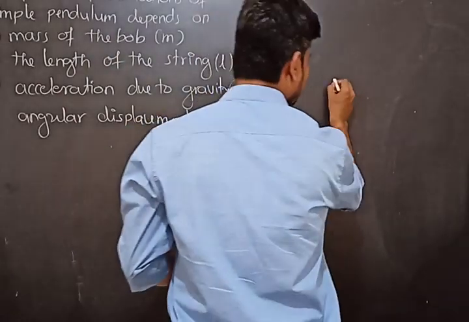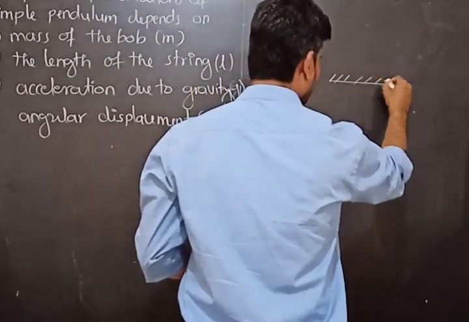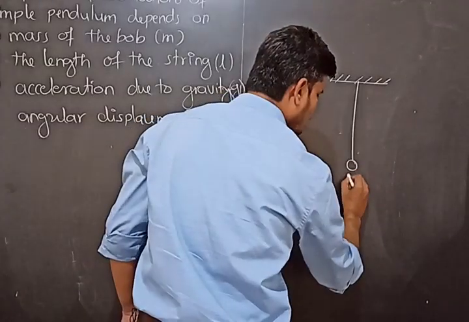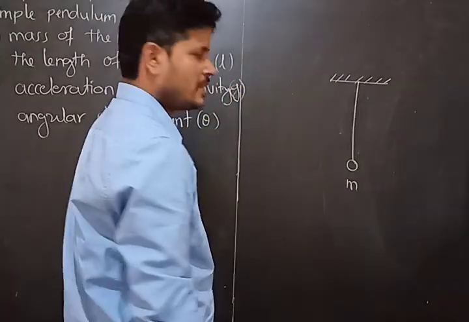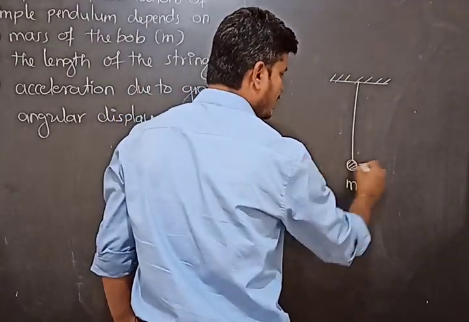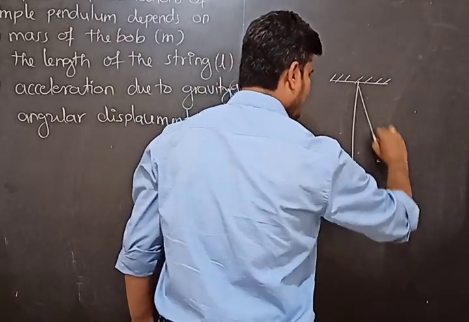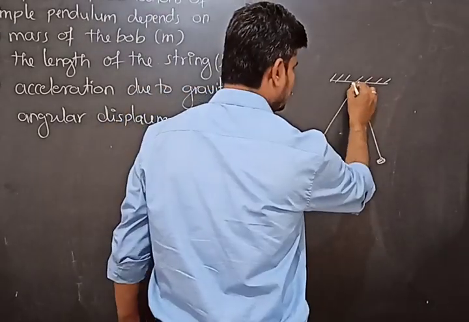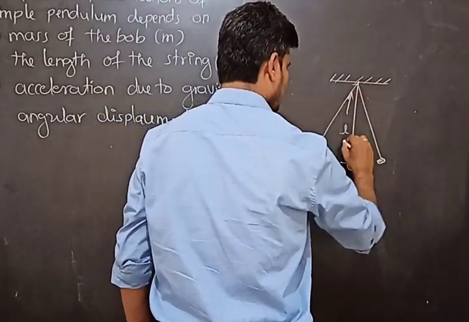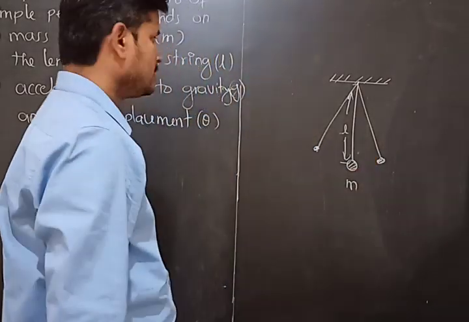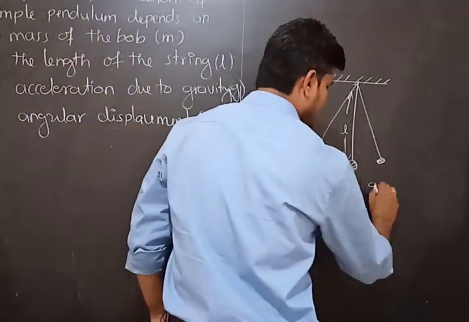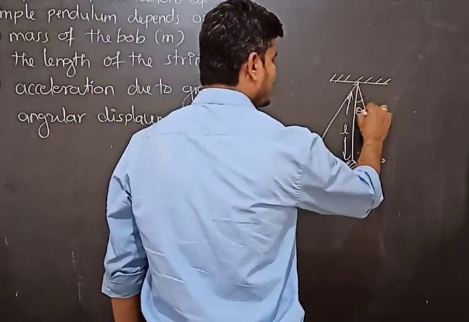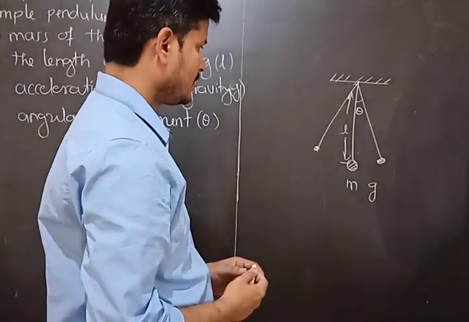Let us consider this is a simple pendulum, right? And this pendulum having the mass m is oscillating between the two extreme positions like this, and the length of the pendulum is L. Acceleration due to gravity is acting downward, that is g, and making an angle theta, it is oscillating.